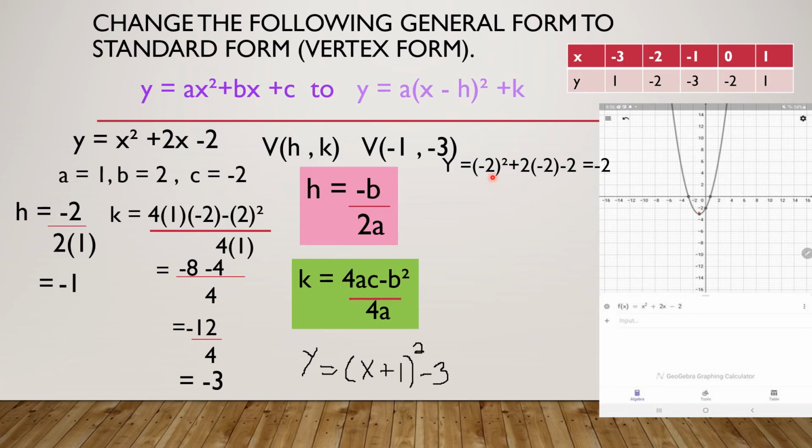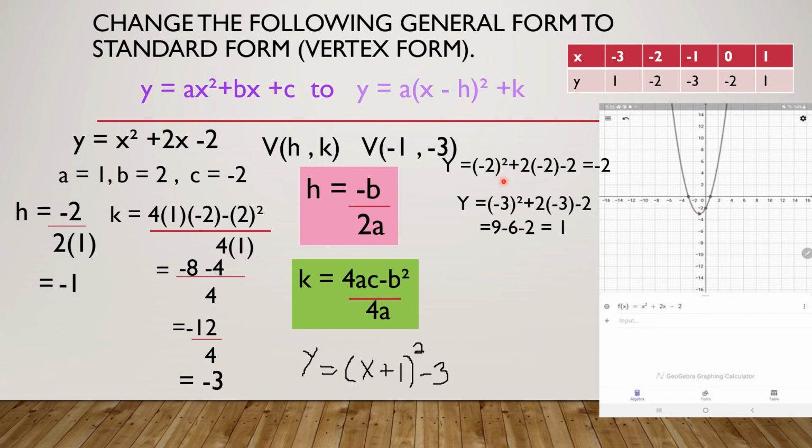So let's have this one. Let's start with negative 2. So y is equal to, for x equals negative 2, x squared plus 2 times negative 2 minus 2. Just substitute from the given here. You just replace x by the given value here.